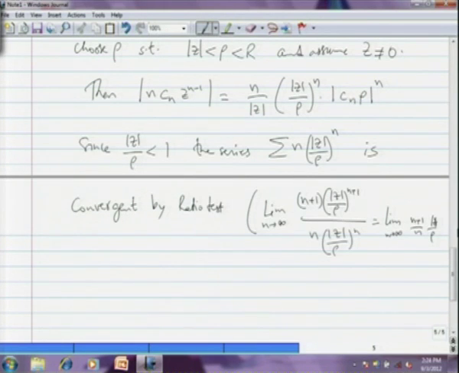And mod z by rho is strictly less than 1.